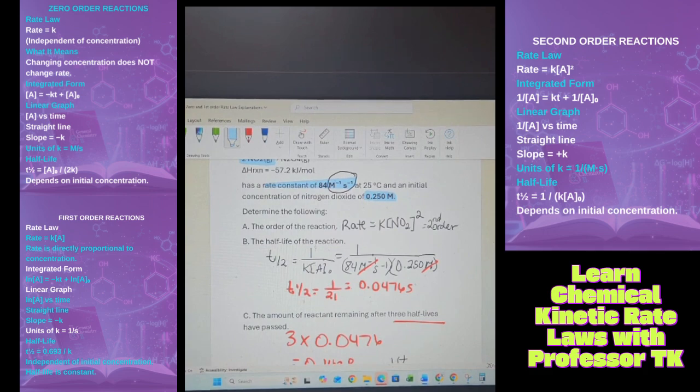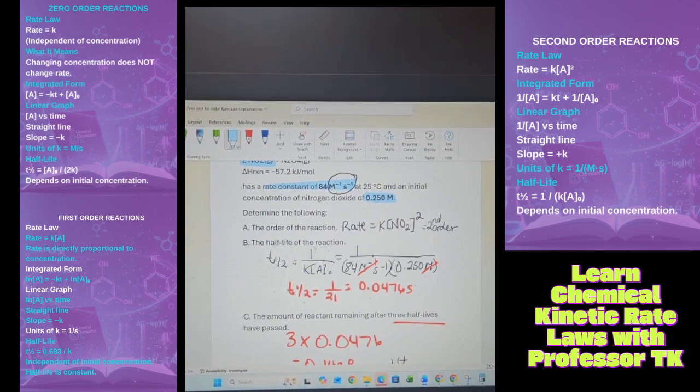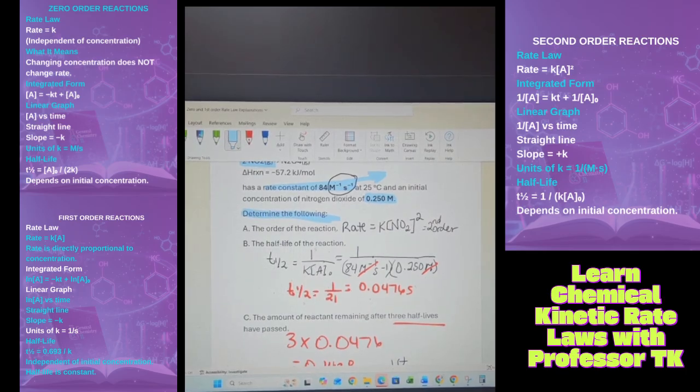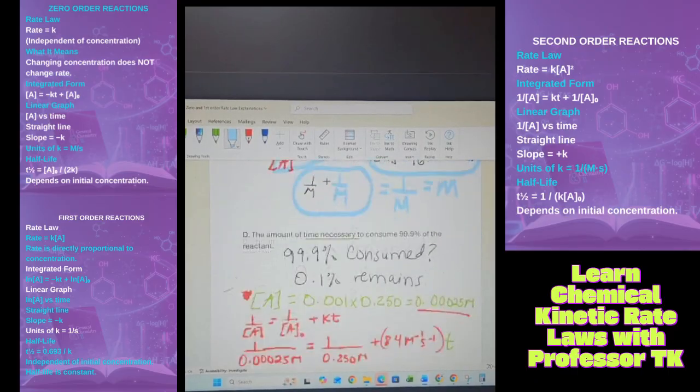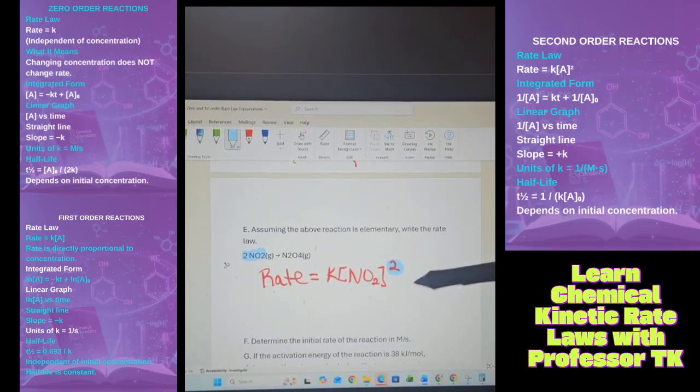If you look at the rate constant, that was the main buzzword. If you knew what the rate constant's units were, that told you everything you needed for every other question here. They told you per molarity per second. Per molarity per second tells you second order. So that's why I put the 2 there for second order.